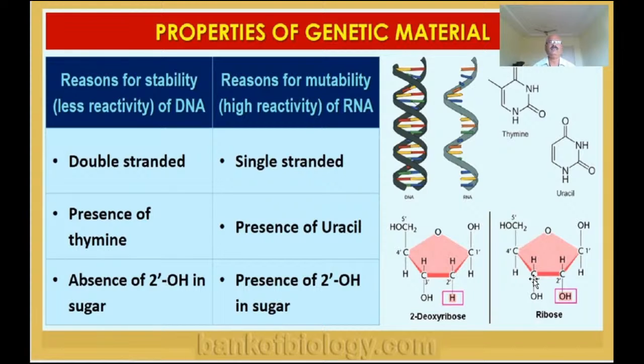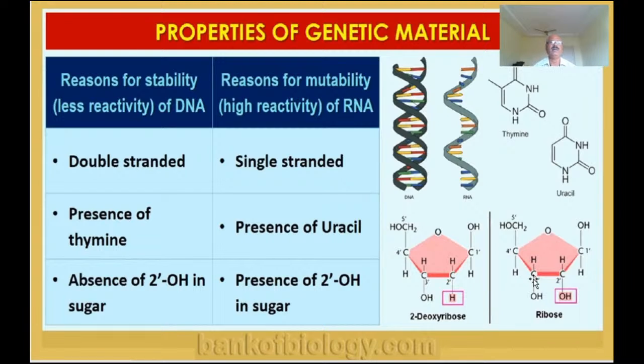So, thymine is absent in RNA, uracil is absent in DNA. Adenine, guanine, cytosine, these three nitrogen bases are common to both DNA and RNA. But thymine is present only in DNA, absent in RNA. Uracil is present only in RNA, absent in DNA.